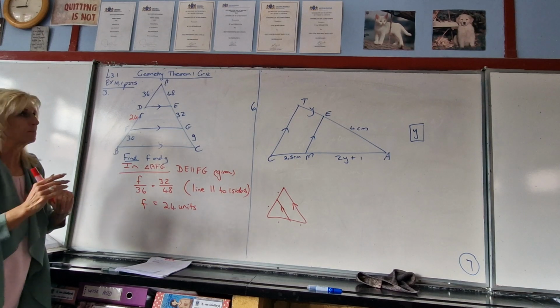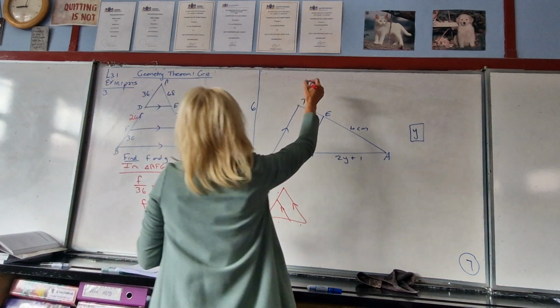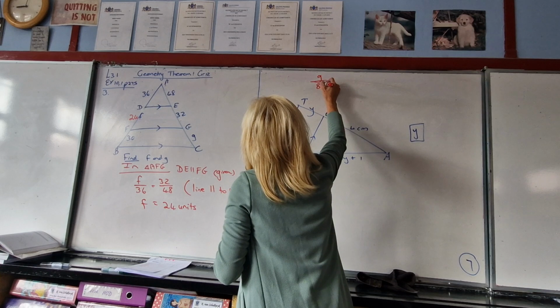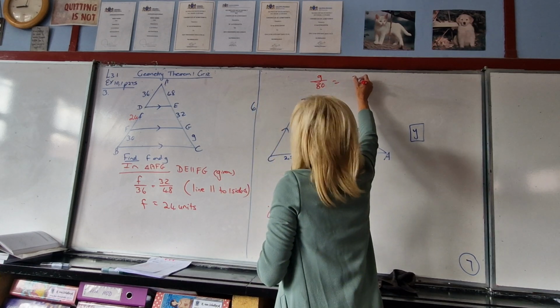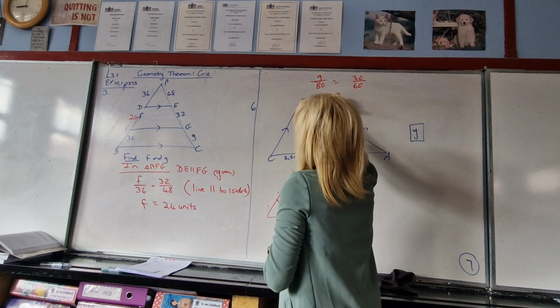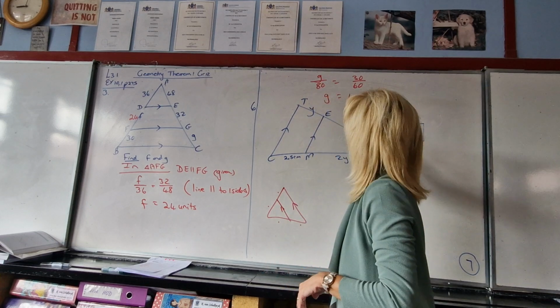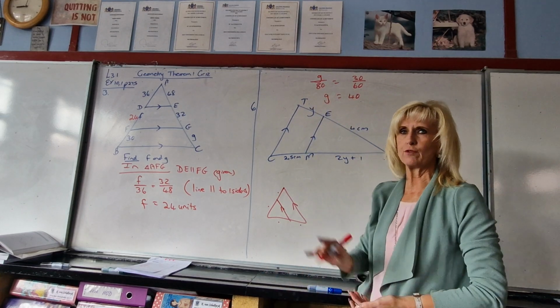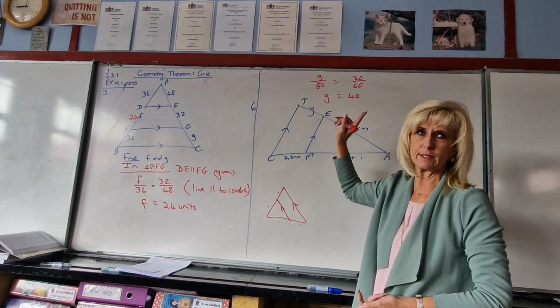You've got it. But please don't just write G over 80 is the same as 30 over 60 and get your answer, G is equal to 40. Fantastic, you're right, but you've got 1 out of 3 marks for this last bit.